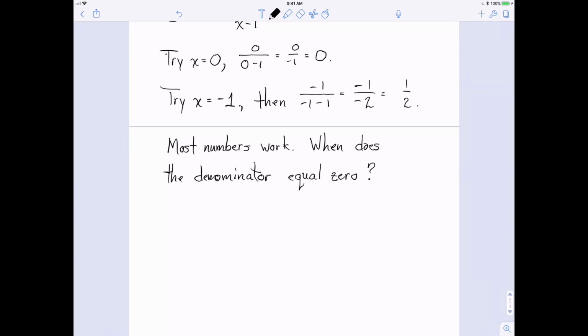And we do that very simply by just setting the denominator, which in this case is x minus 1, equal to 0, and solve for x. So let's see, I'm going to add 1 to both sides. And my result is x equals 1.